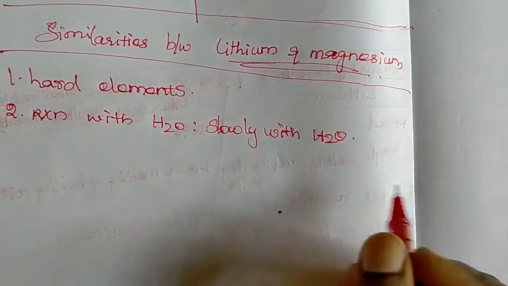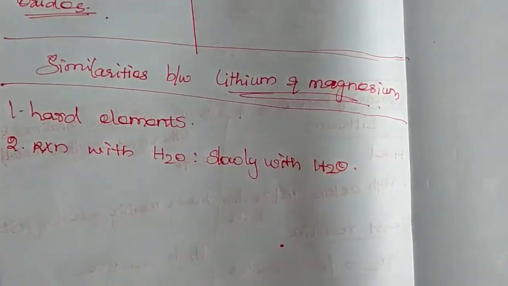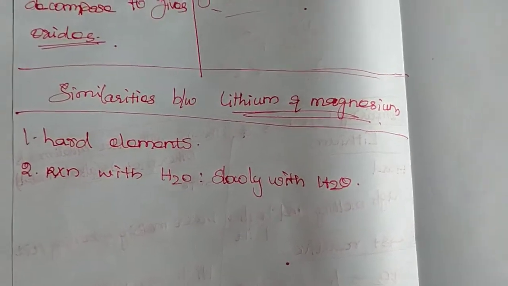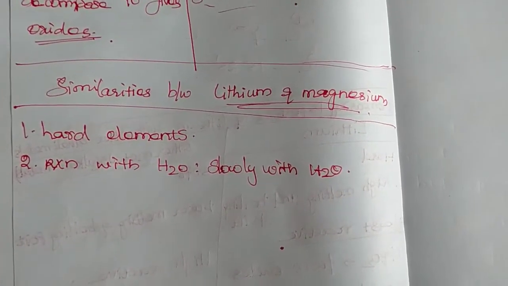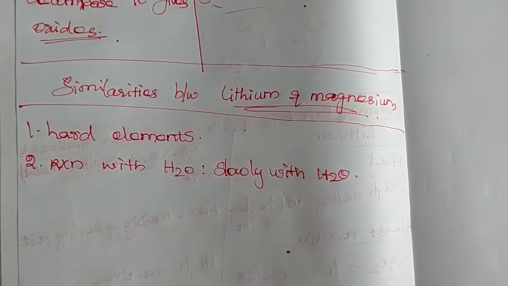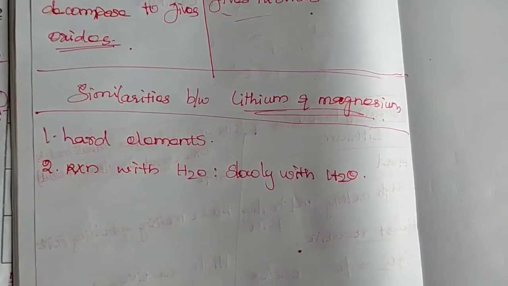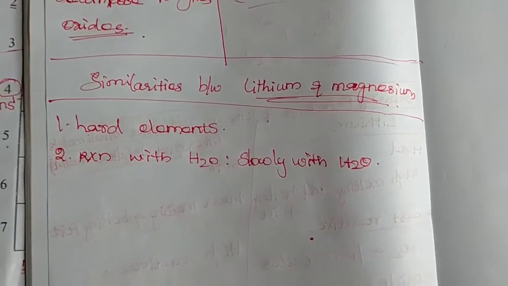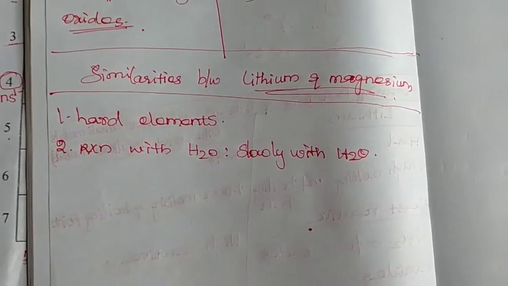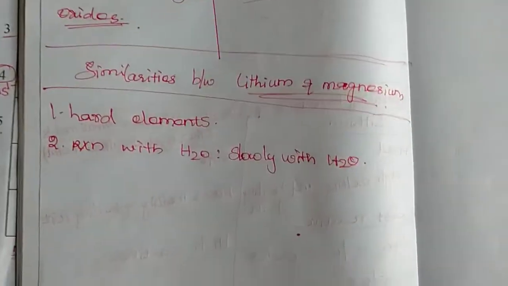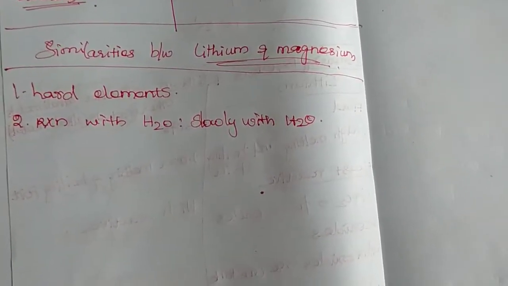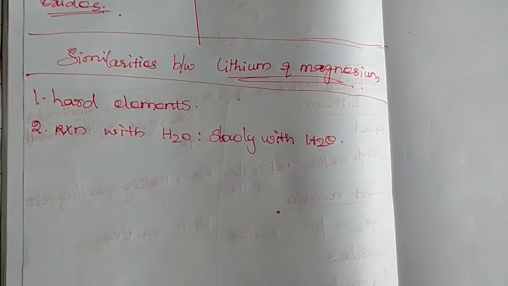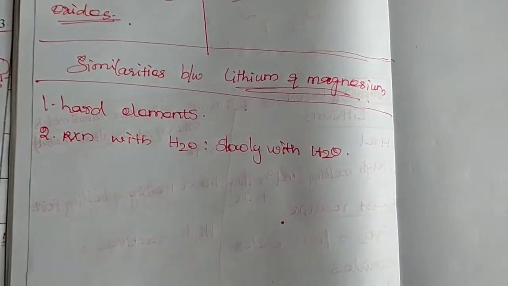Their oxides, lithium oxide and magnesium oxide, and their hydroxides, lithium hydroxide and magnesium hydroxide, are much less soluble. Their hydroxides decompose on heating.